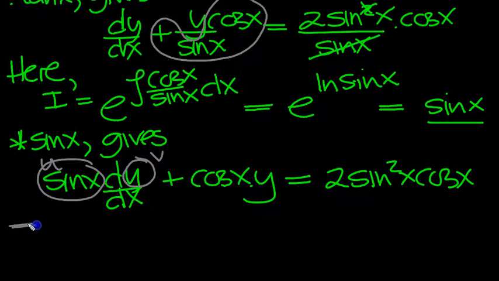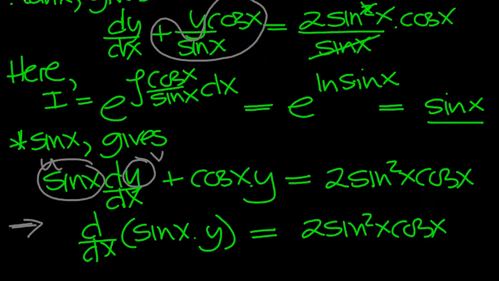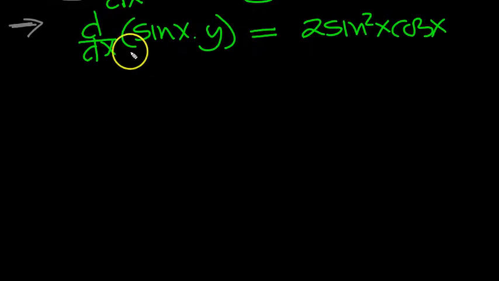So that implies that d by dx of uv, where u is y and v is sine x, so it's sine x times y equals 2 sine squared x cosine x. Now we can integrate both sides then, because it's a standard separable equation.